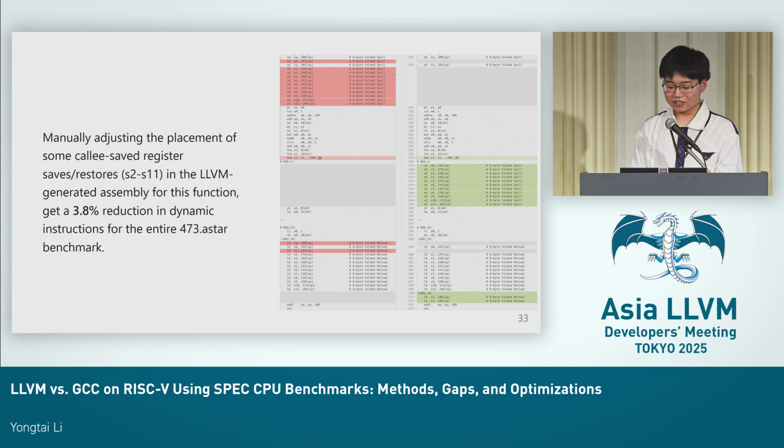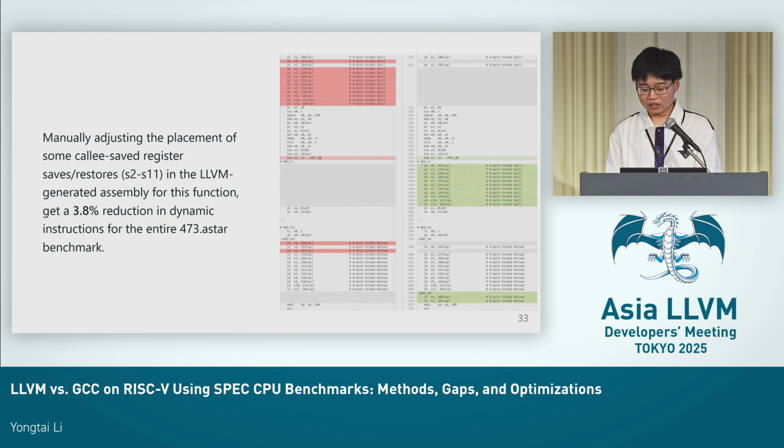For this specific case of 473.astar, a small manual tweak in the LLVM-generated releasepoint function, moving the SD instructions to after the early exit branch, can reduce the benchmark's overall dynamic instruction count by roughly 4%.